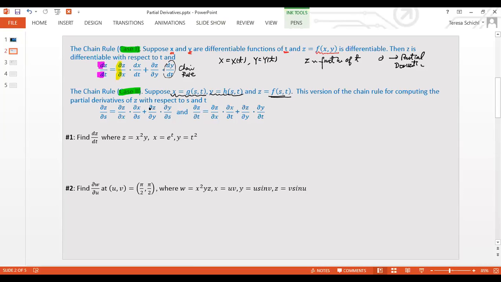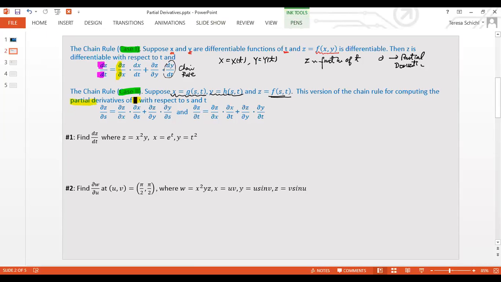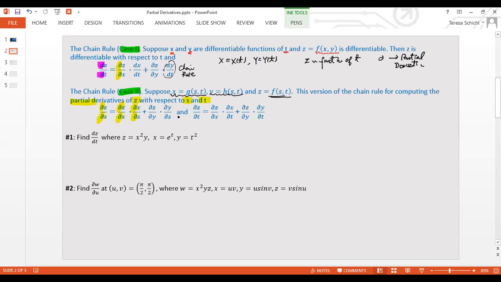If I want the partial derivative of z with respect to s, I write partial z, partial x, because x is a variable of z, then partial x, partial s, because x is a function of s and t. It's all partial derivatives, and this is the chain rule. The concept is pretty easy.